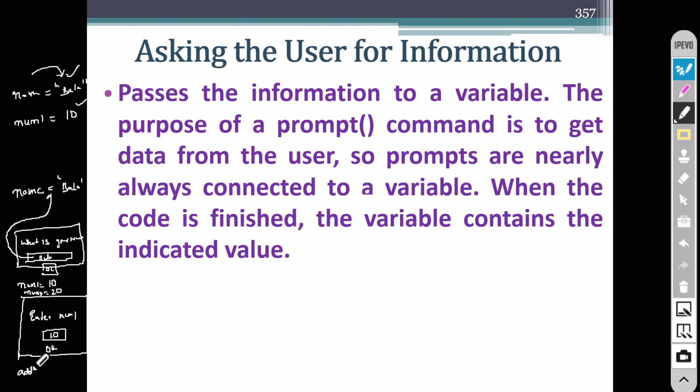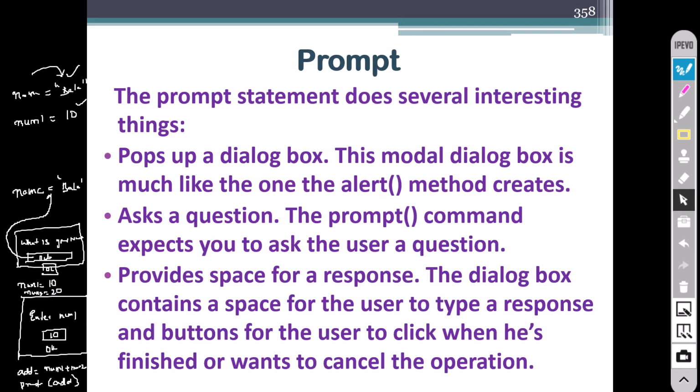So if you have taken num1 and num2, and then if you want to add num1 plus num2, you can further write the code and get the output as 30. So either you can print it as the value, or you can use it as an alert.